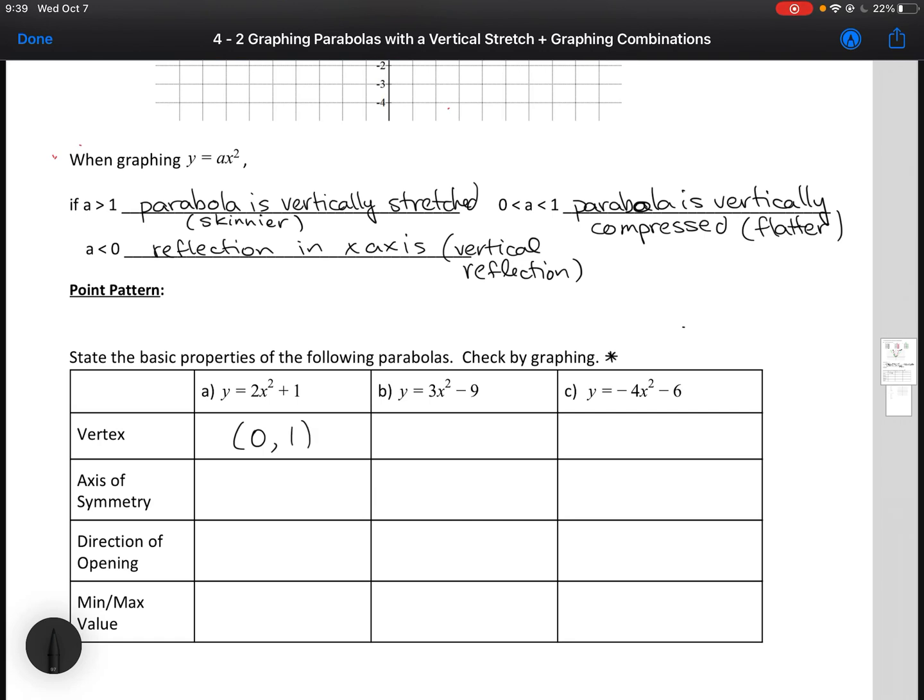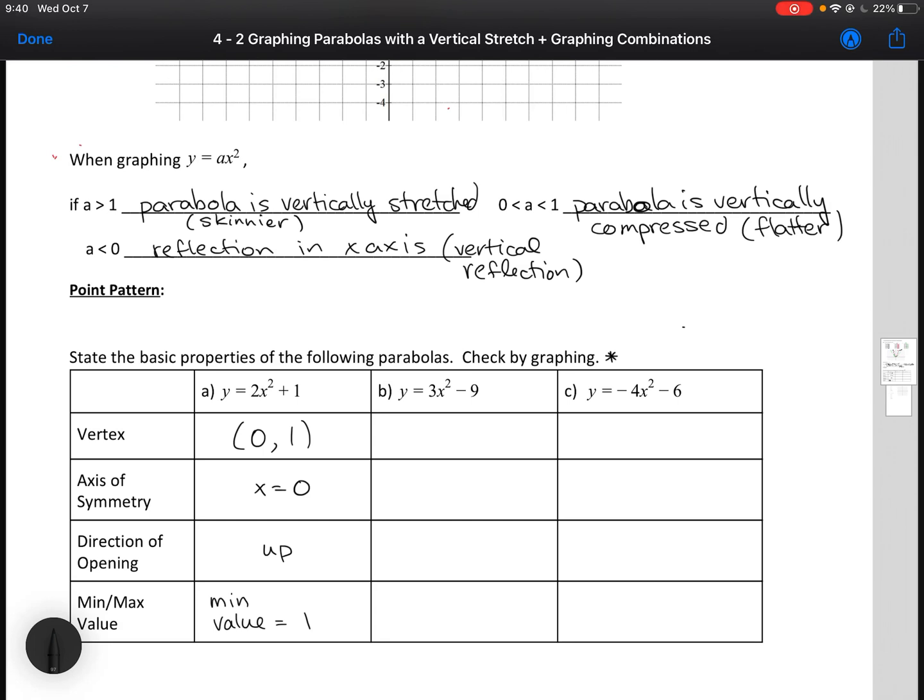There is a vertical shift, so my y-coordinate is 1. My axis of symmetry is the x-coordinate of the vertex. My direction of opening is up because a is positive. And my minimum and my maximum value, I'm going to have a minimum, and my value is 1, the y-coordinate of my vertex.